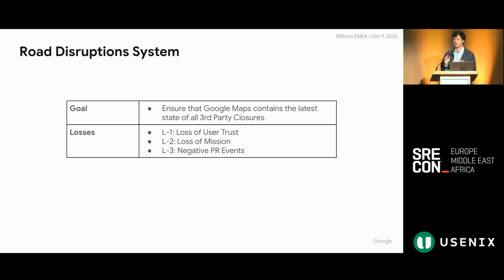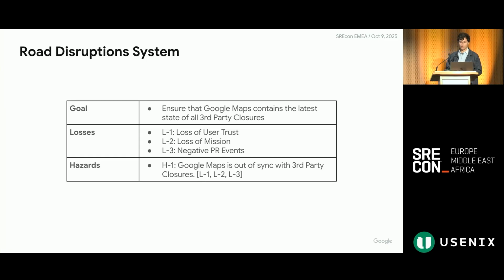So that's going to be the VP of Google Maps, the engineering teams, and our users that are driving on and using our product. And so we have 3 losses. 1, loss of user trust. So our users no longer trust that we're going to tell them which roads are closed. 2, loss of mission. And then, of course, 3, a negative PR event.